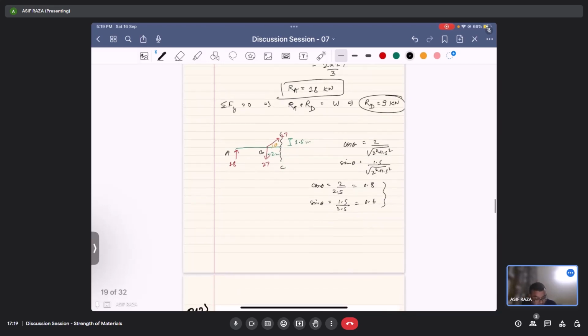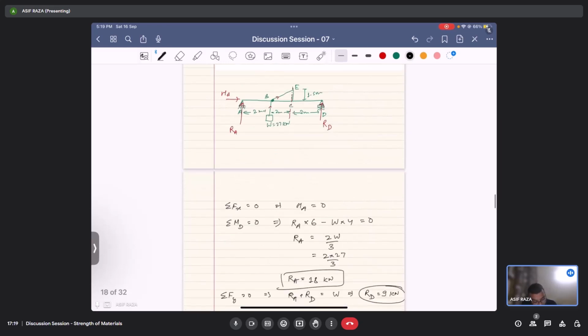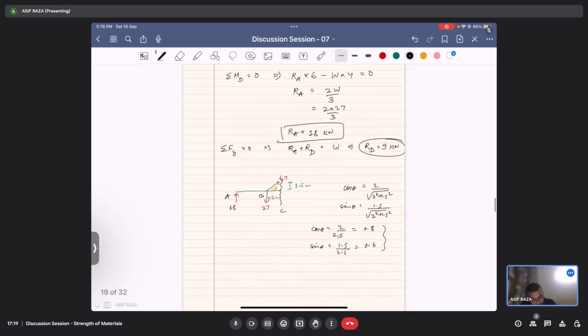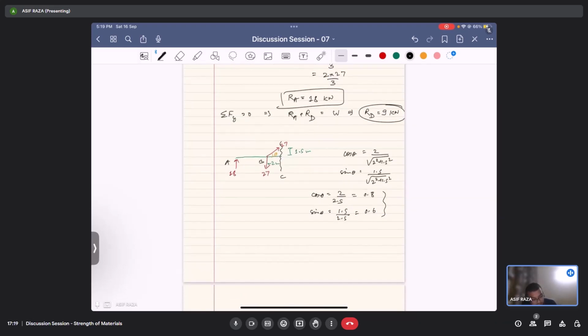Okay, now what do we need to calculate? Bending moment at C, which is just to the left of the vertical arm. So to calculate bending moment at C from the left hand side, it would be 18.